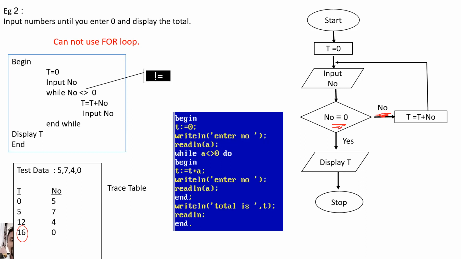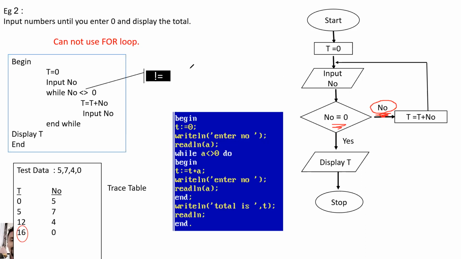If it is no only, I am going in. Inside the condition box, if you put number not equal 0, then this side should be yes to add the values. So that's why I told you can use different methods, it doesn't matter.